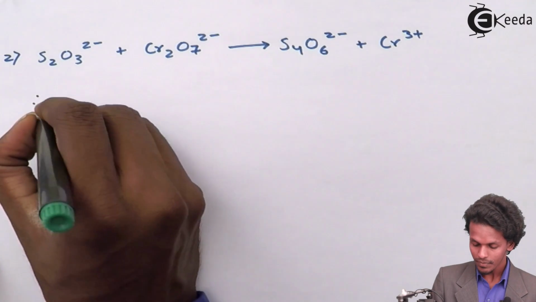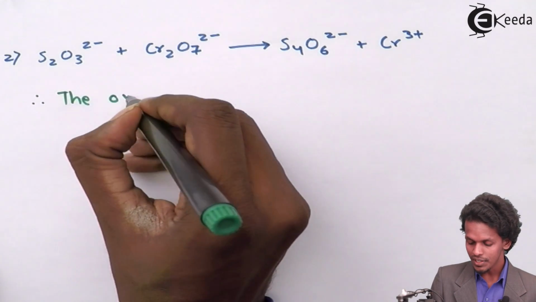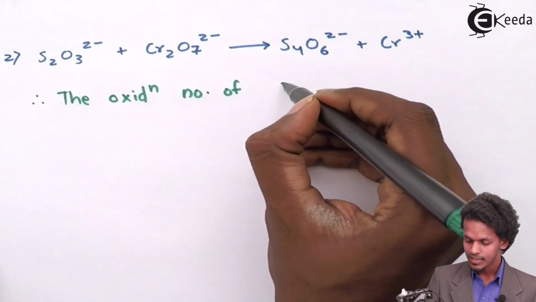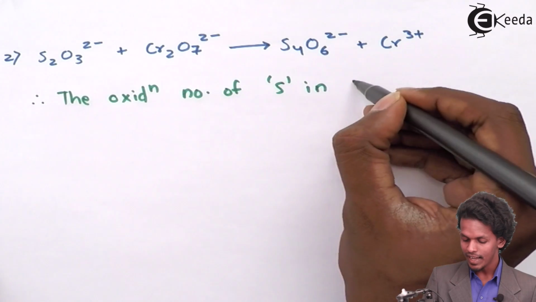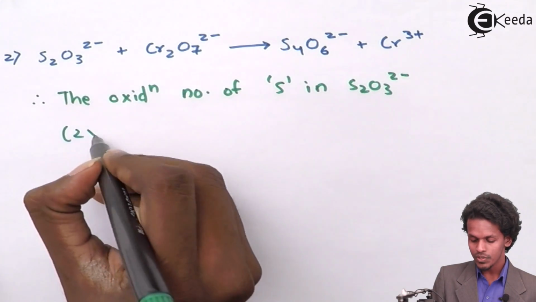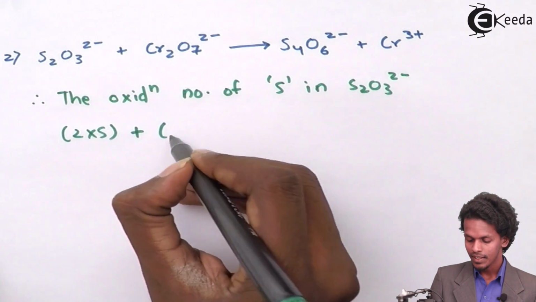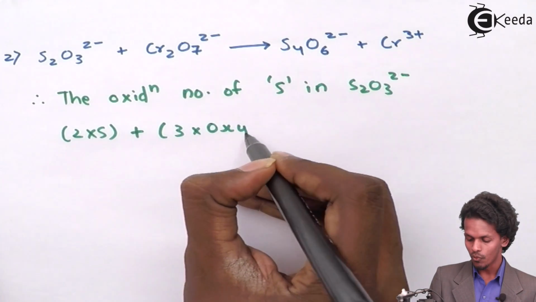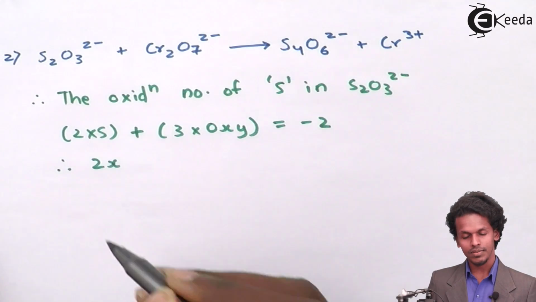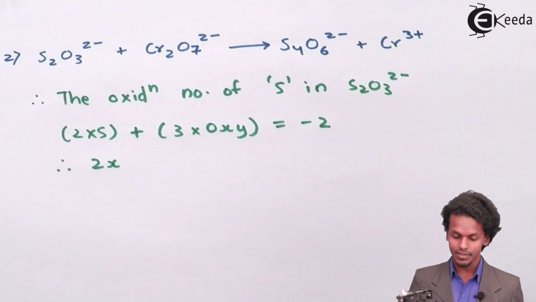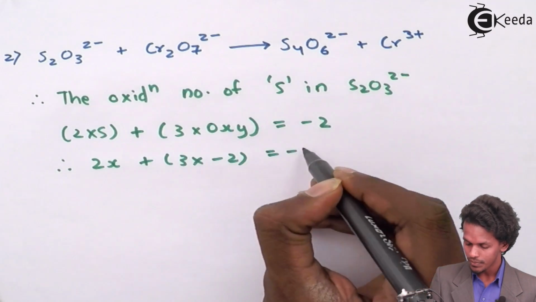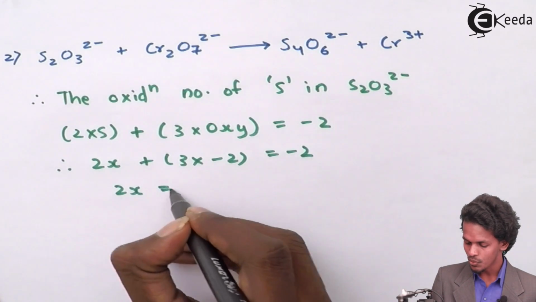So therefore the oxidation number of sulfur in S2O3 2 minus will be 2 into sulfur plus 3 into oxygen, and overall charge will be minus 2. So therefore 2 into x, because we don't know the oxidation number of S, plus 3 into minus 2, which will give you 2x equals minus 2.